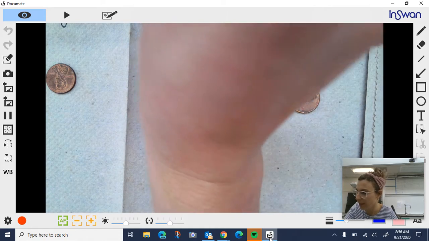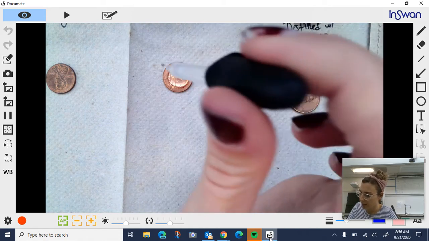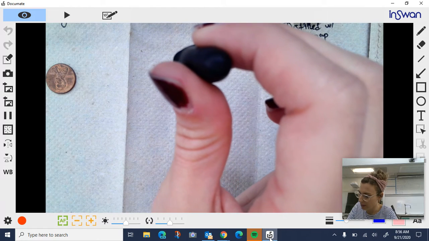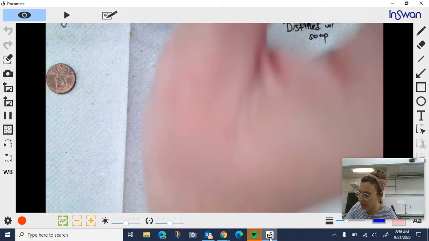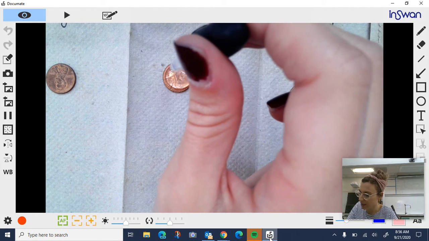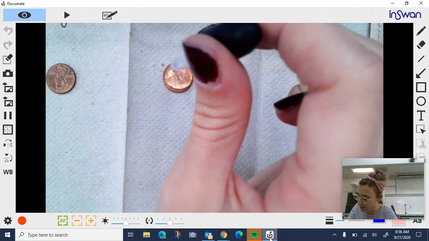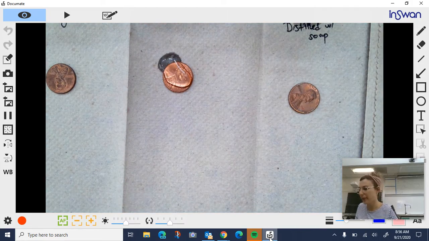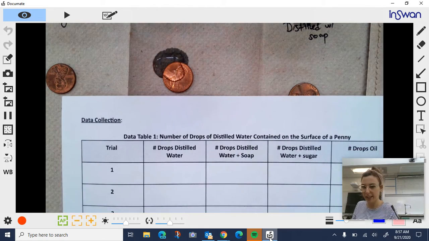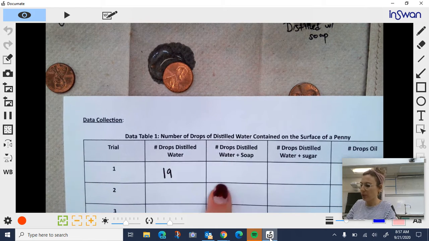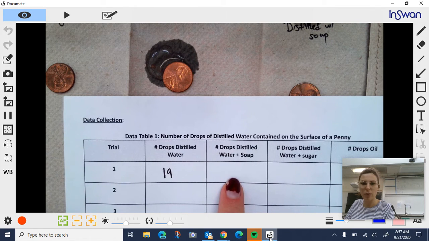Nope, not 11 yet. 11, 12, 13, 14. 15, 16, 17, 18, 19, 20. Oop, so we were at 19 before it fell over. So I'm going to record that on my data table. 19 drops.